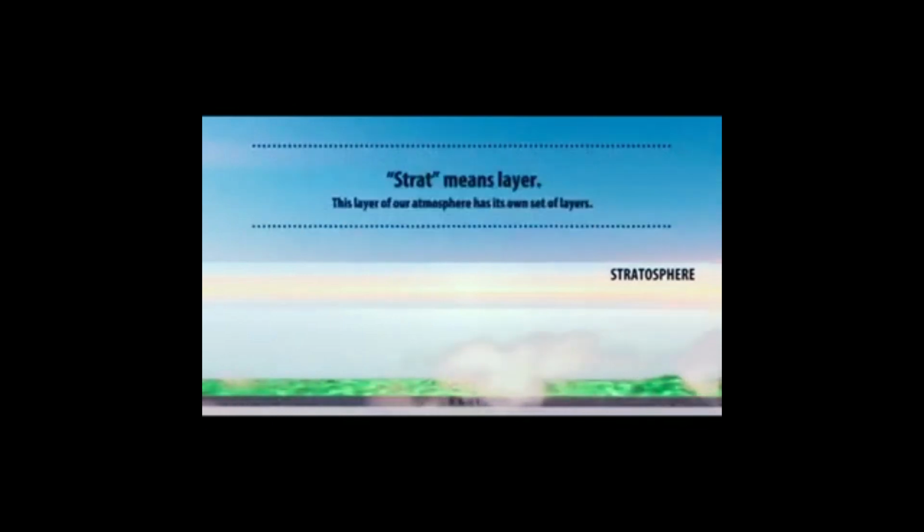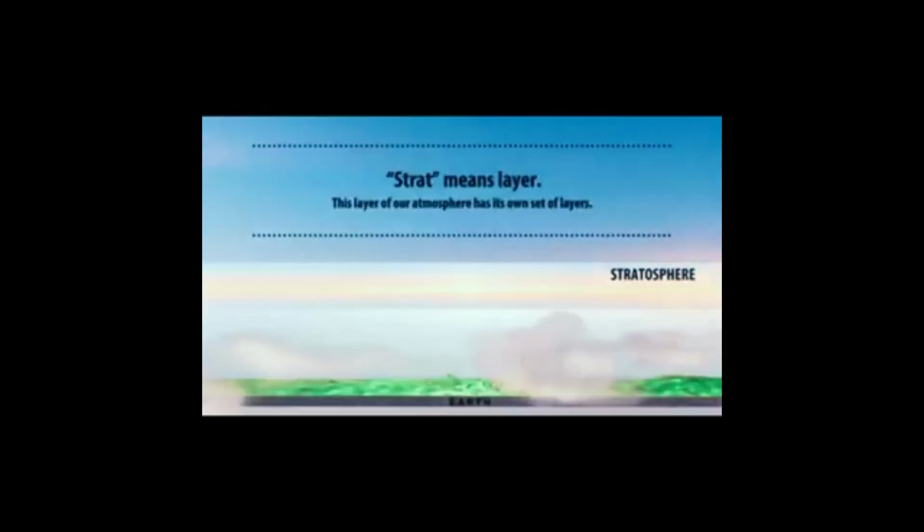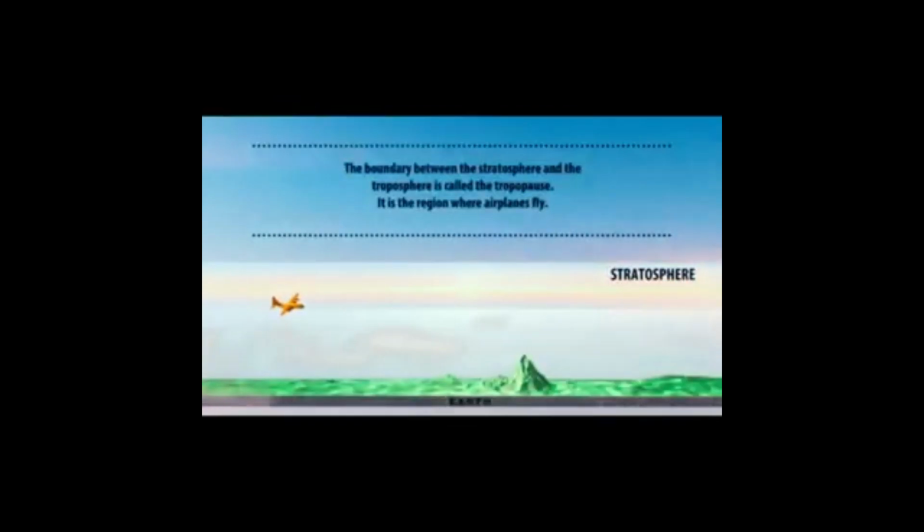The stratosphere. Strat means layer. This layer of our atmosphere has its own set of layers. The boundary between the stratosphere and the troposphere is called the tropopause.